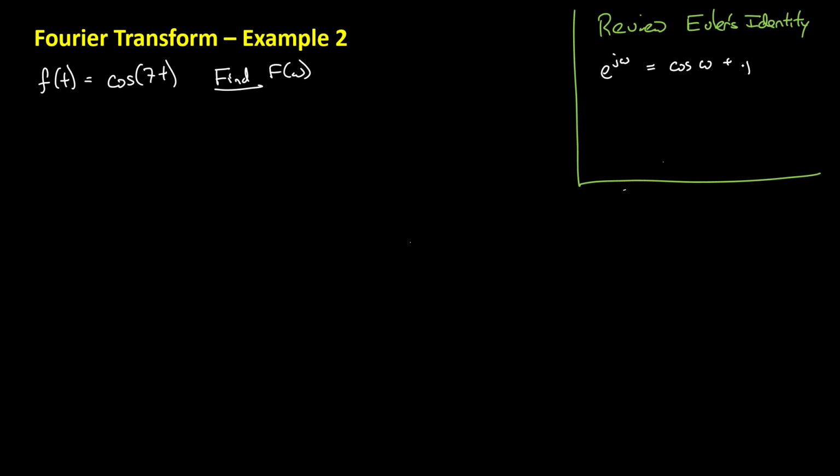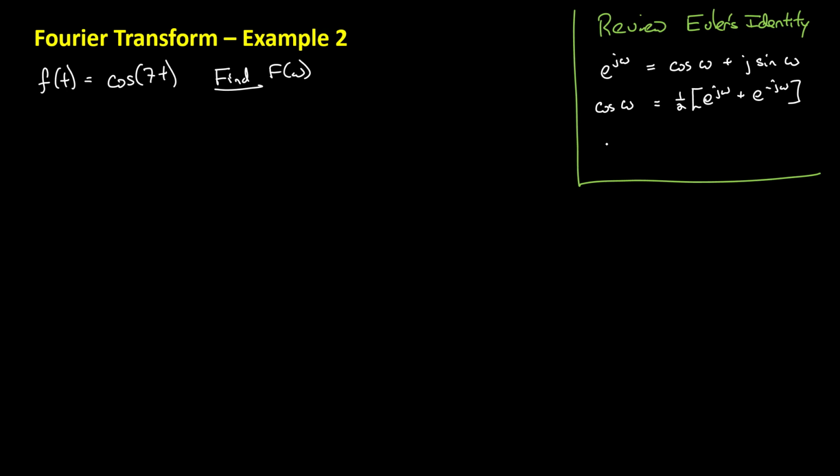And it has an imaginary part, which is sine of omega. And so using a little bit of algebra, we can then solve for what cosine of omega is in terms of complex exponentials. And that is 1/2 times e to the j omega plus e to the minus j omega.